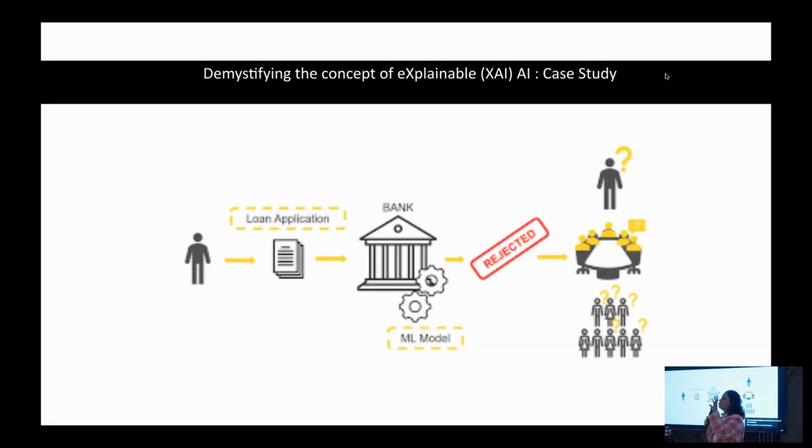Now, here comes the role of the developers, all the Python developers, all the people who are doing coding and machine learning, to apply some explainable AI methods over the machine learning or deep learning methods they have used, to understand why Sarah's application was rejected or accepted.